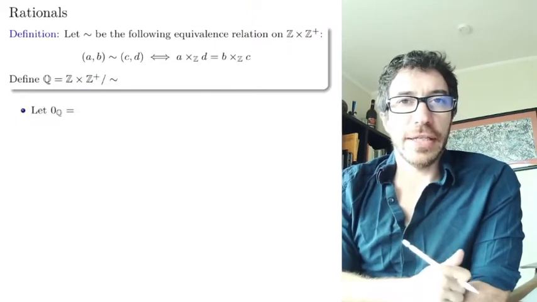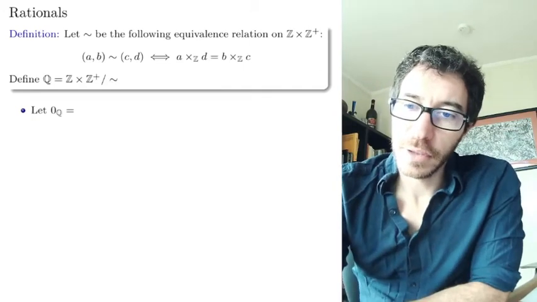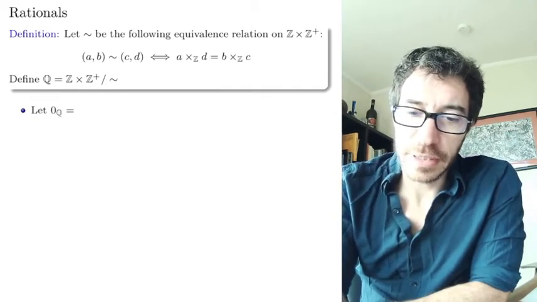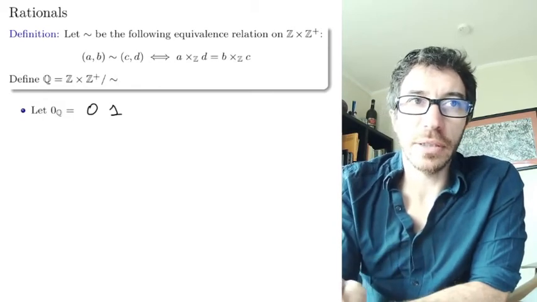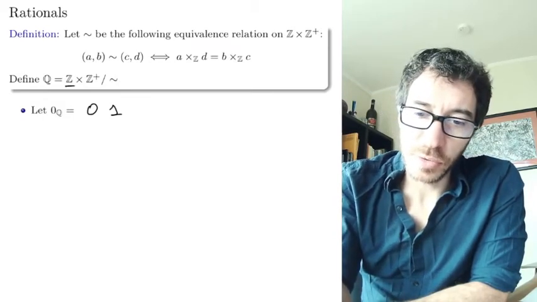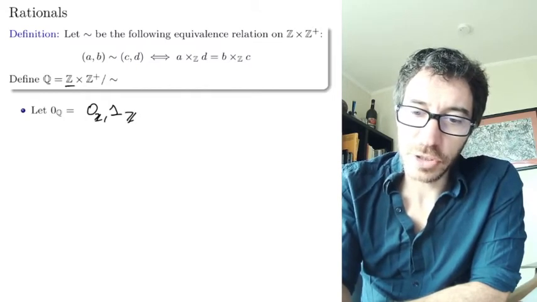We need to define the usual suspects. As you imagine, 0 is going to be the pair (0, 1), where the 0 and the 1 belong to the integers.